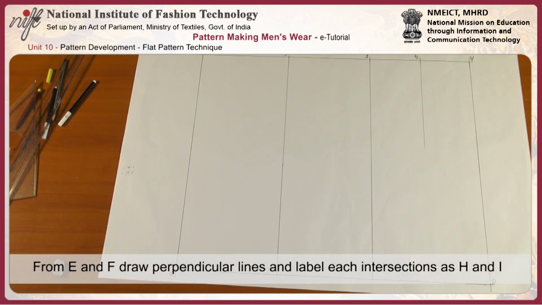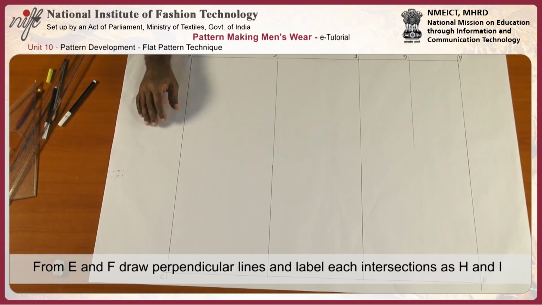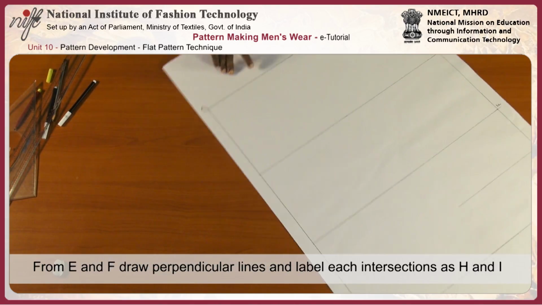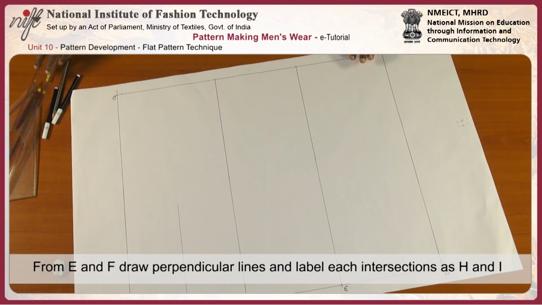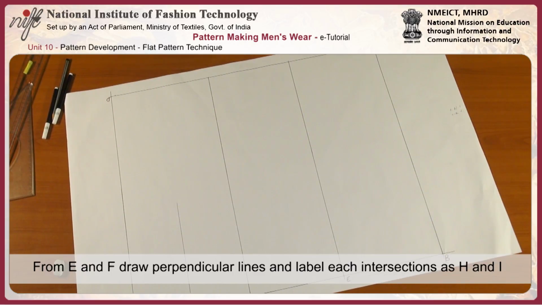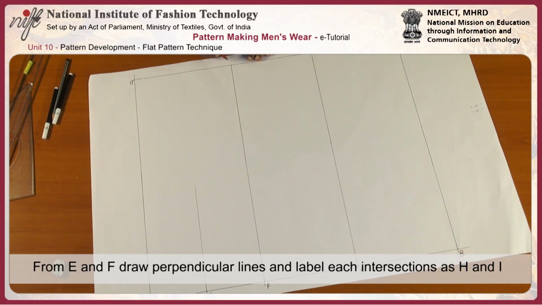From point E, F, G, we have to draw a perpendicular line and label the intersection of each perpendicular line on the other side as H, I.